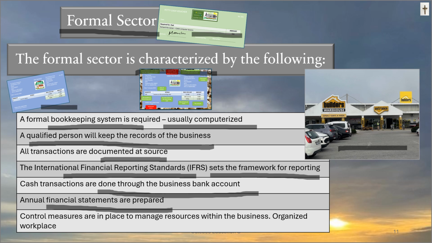Those statements are drawn up at the end of the year, and then there are control measures in place, so it's an organized workplace. Now, these are characteristics of the formal sector. So it's quite rigid and it needs to be well controlled, as the business is also big. It's big business. There need to be tight controls and things have to be done according to a recognized framework.